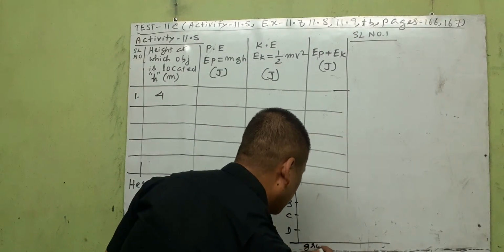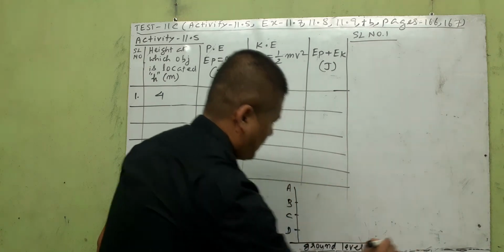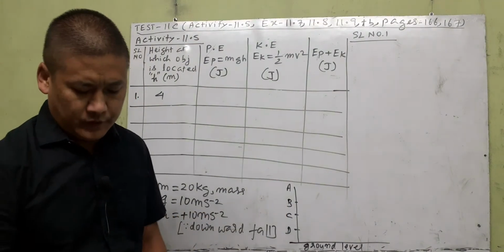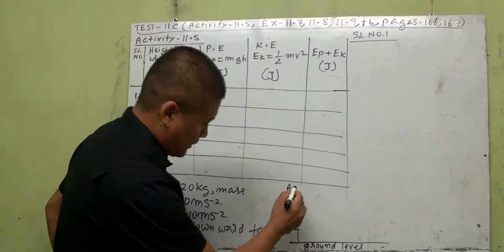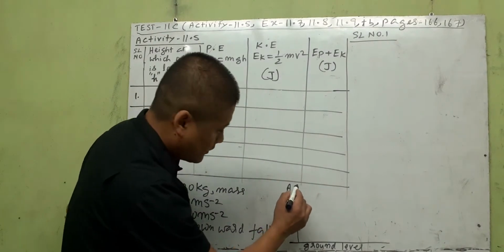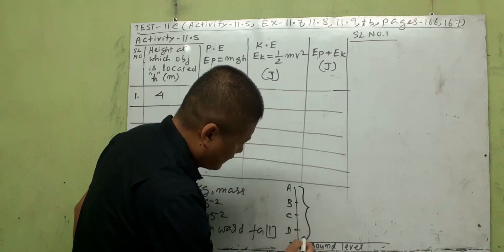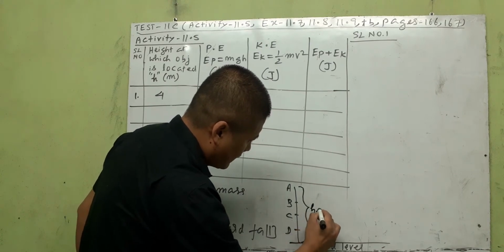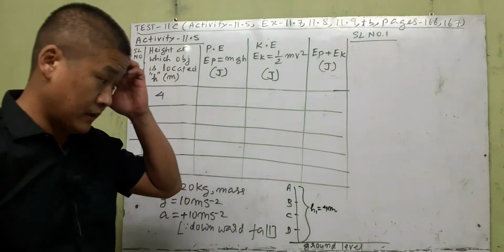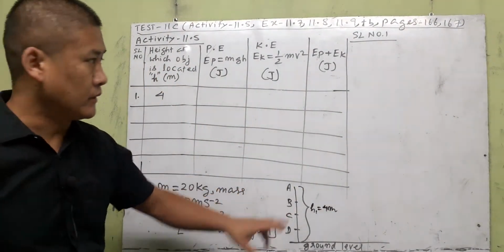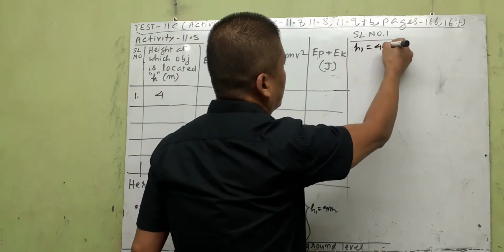We may write it down, ground level, this one. So initially the object was at height of 4 meters. So this height here, H, from here to here, before it was dropped and before the object was moving, H1 equal to 4 meters. So this is the one we're taking. So when it is like this stationary, first case H1 is equal to 4 meters.